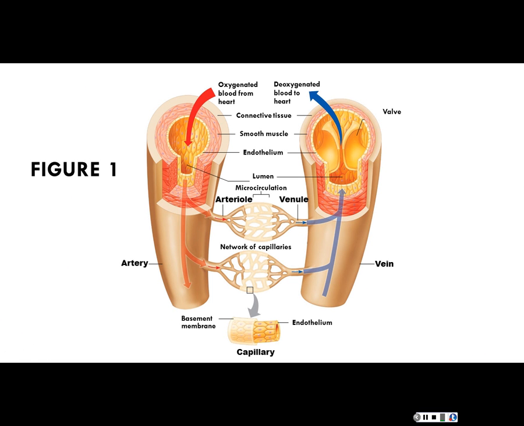Chapter 14, we're going to look at blood vessels and blood pressure. And then chapter 15, we'll look at blood. Hopefully we'll get through chapter 14 on Tuesday. I don't know if we'll get into 15, but I want to introduce the respiratory system next week. So chapters 16 and 17.